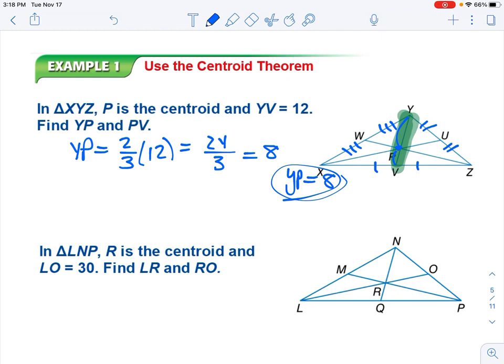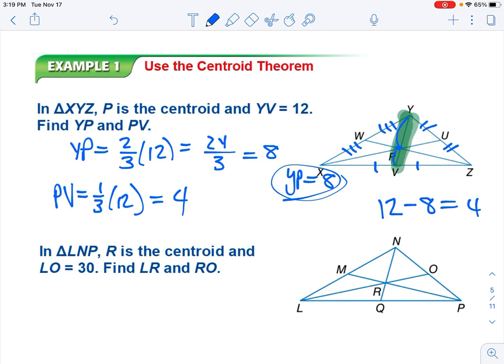Okay, now there are 3 different ways you could actually solve for PV. We can set up the secondary equation. PV is equal to 1/3 the whole thing, so that is 4. We can also know that the whole thing, 12, minus YP, 8, has to equal 4, which is the leftover PV, still equals 4.